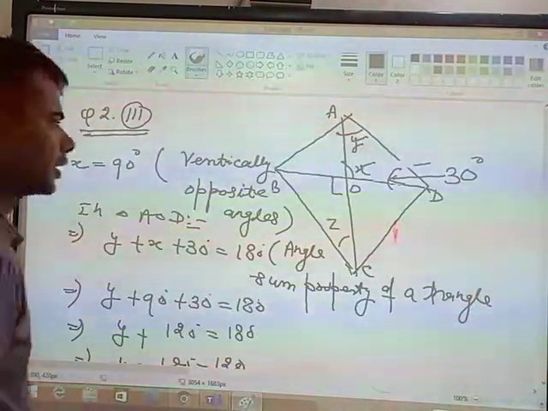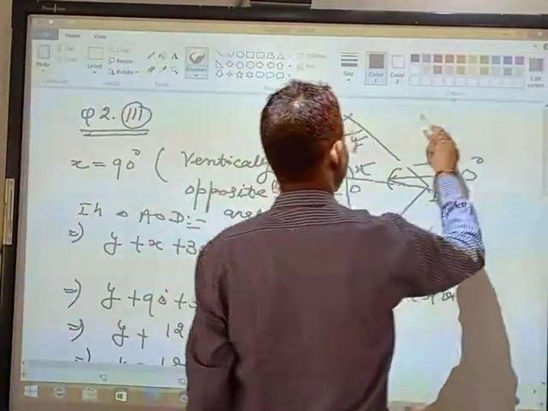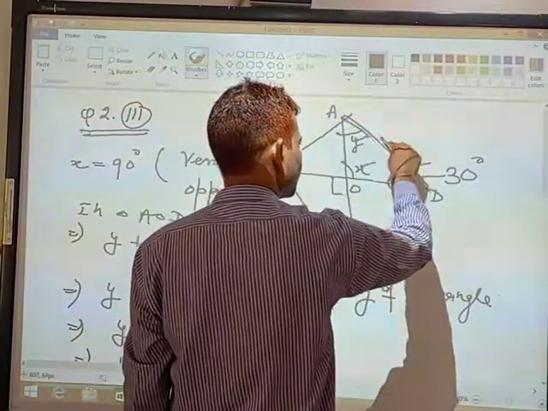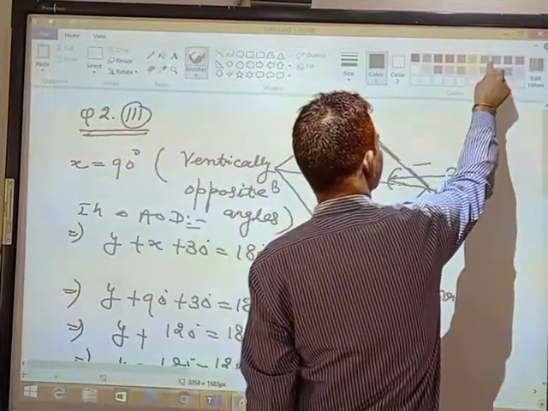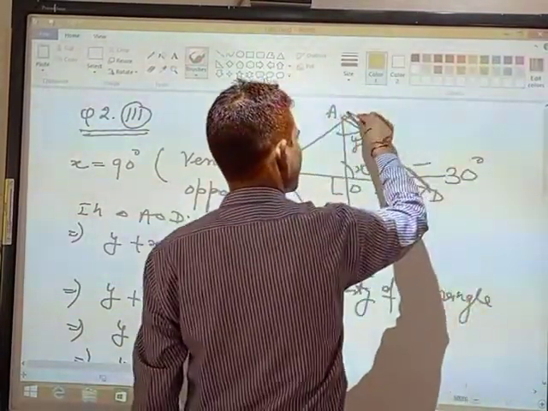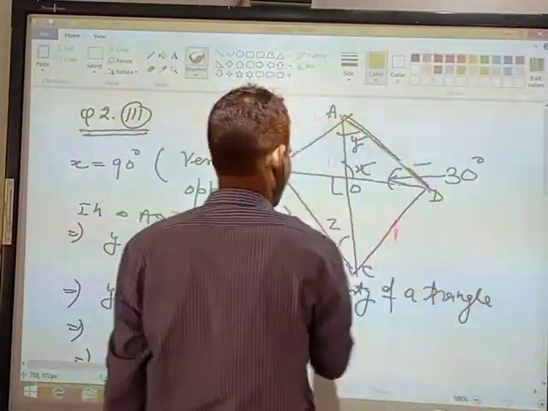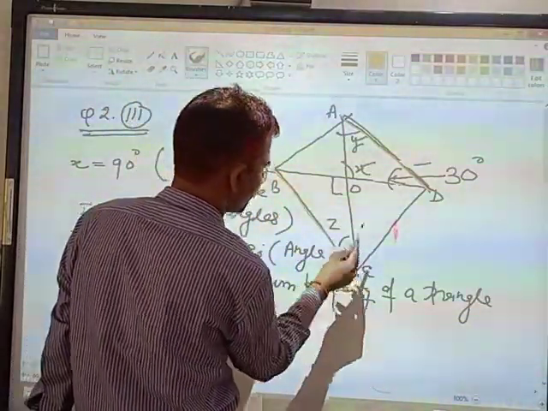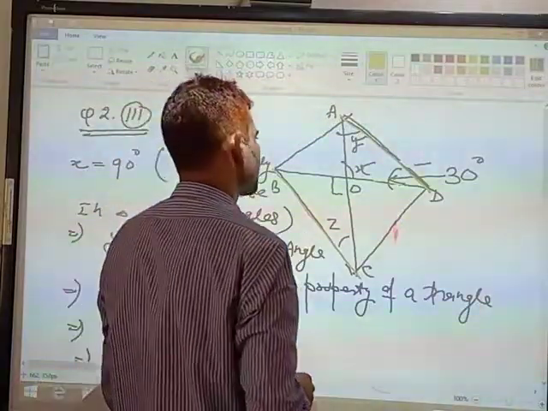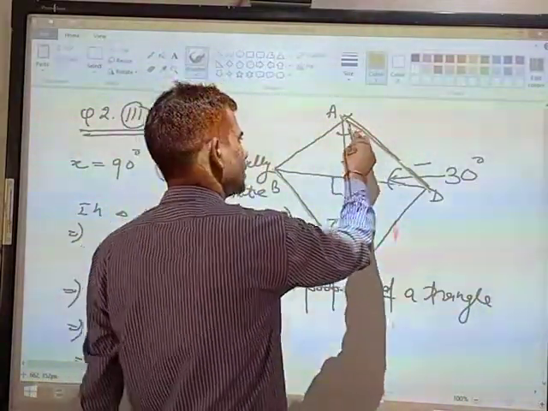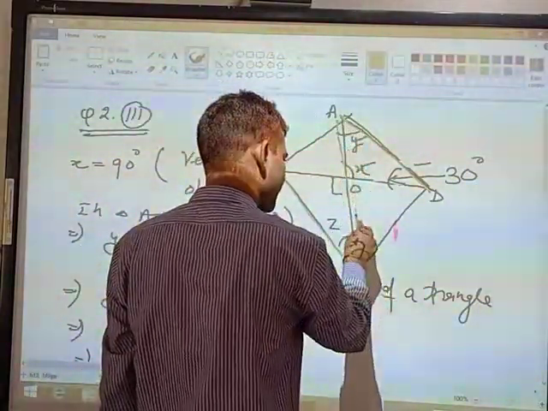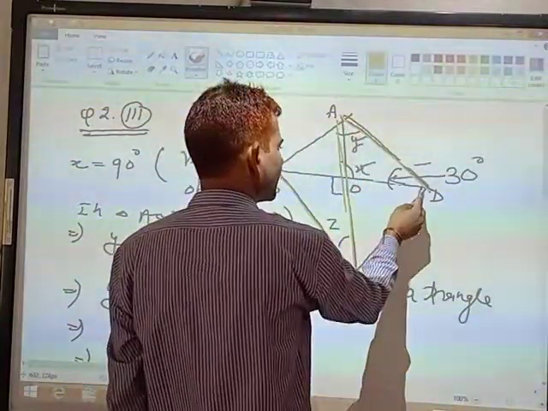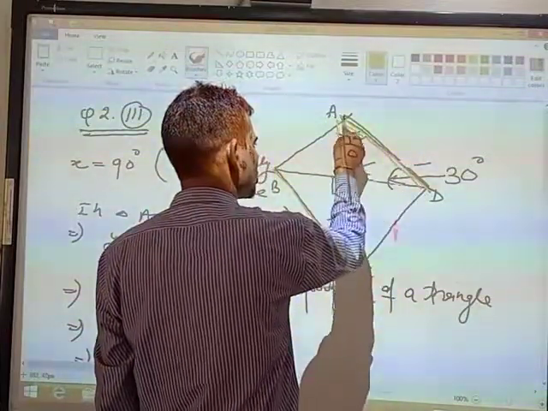This line is parallel to this line, and this is your transversal. Now, students, this is your Z.